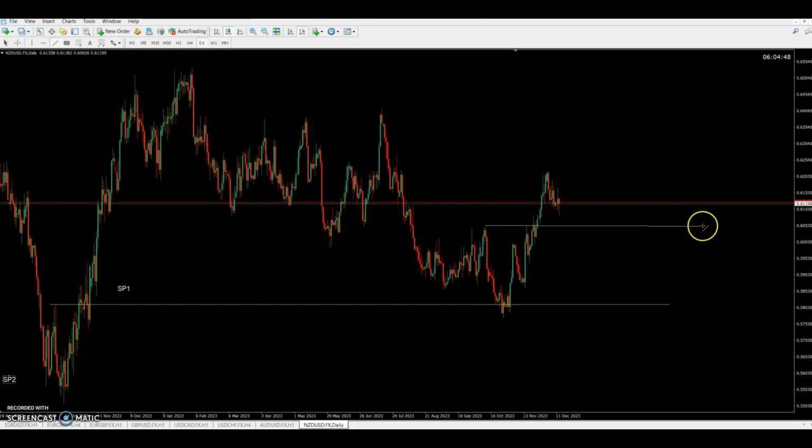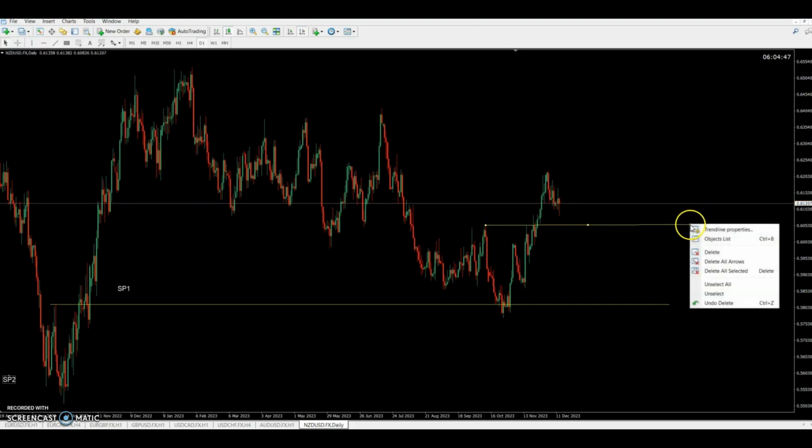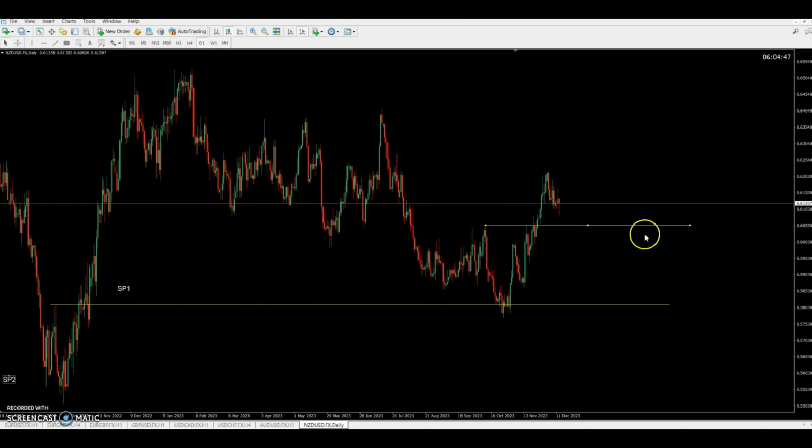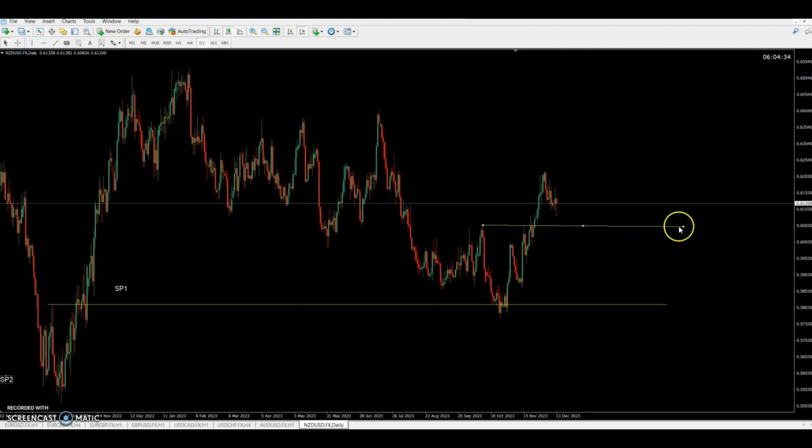This is S1, let me plot the same prices. That's S1 for the daily. Oh, that moved. You guys get the picture. Let me use rectangles. So that's S1 for me. S2 is down here on the daily time frame.